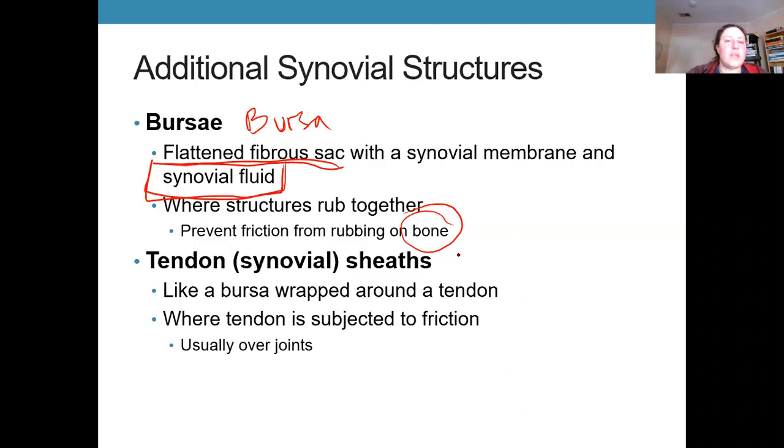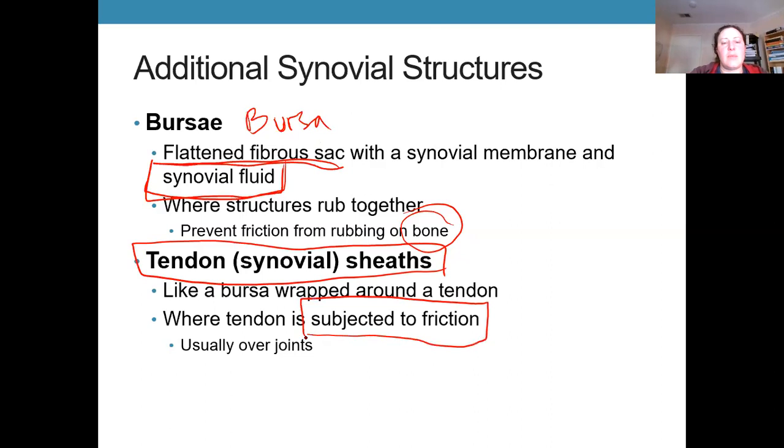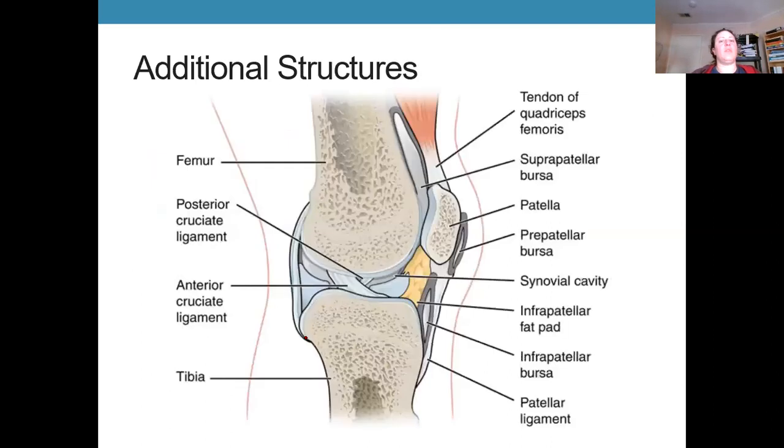So we'll end up with a sheath, a tendon sheath, where the bursa is basically wrapped all the way around the tendon as it runs over the joint. There's probably an exception there. We say it's where they are subjected to friction, but that basically means over joints. So these three structures really help the function of a lot of joints.